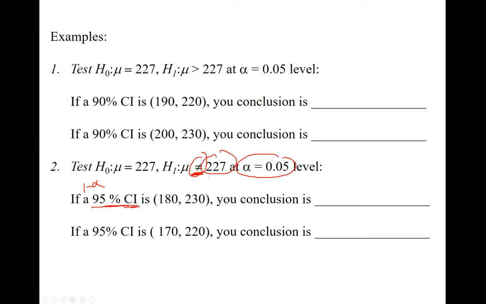Again, if this value is inside the confidence interval, then you fail to reject H0. In the second example here, it's outside, so you reject H0. That's it for the confidence interval method.